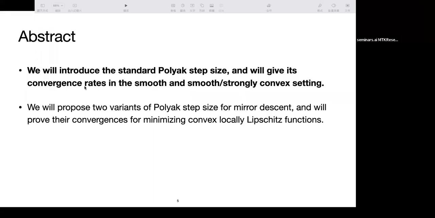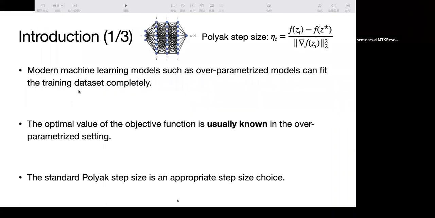So why do we introduce the standard Polyak step size and give its convergence rates? Because modern machine learning models, such as over-parametrized models, can fit a training data set completely.